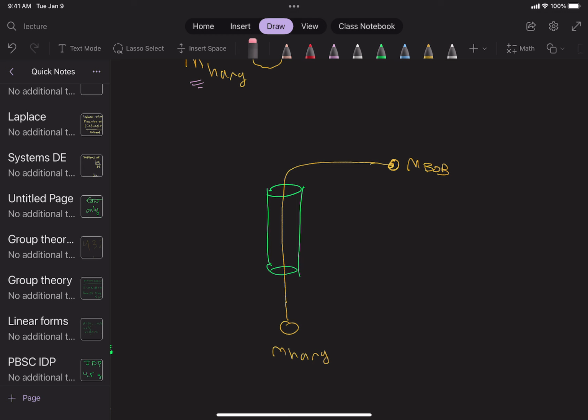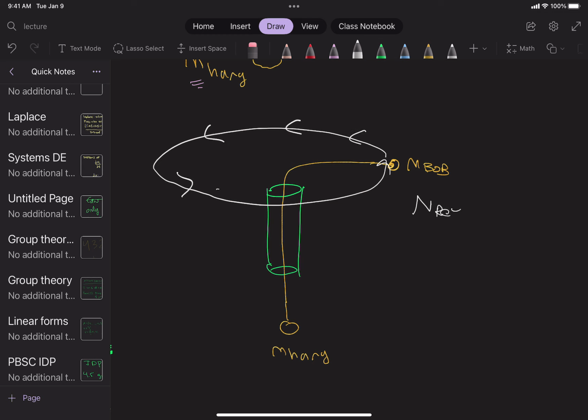So what you're going to do actually is whirl this bob around a certain number of times. You're going to count the number of revolutions, or the number of times that this bob whirls around, for a certain amount of time.